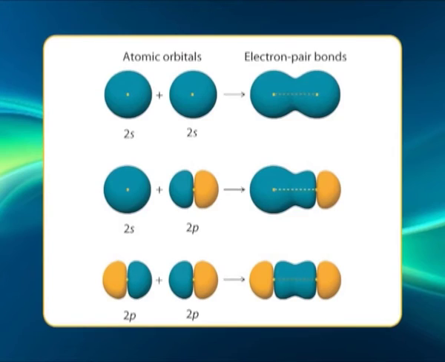The various postulates of the theory are: first, covalent bonds are formed by overlapping of half-filled atomic orbitals present in the valence shell of the atoms participating in bonding. Second, the orbitals undergoing overlapping must have electrons with opposite spin.